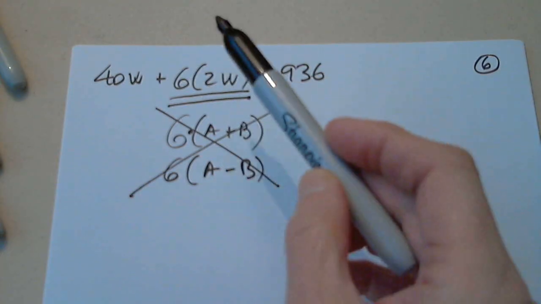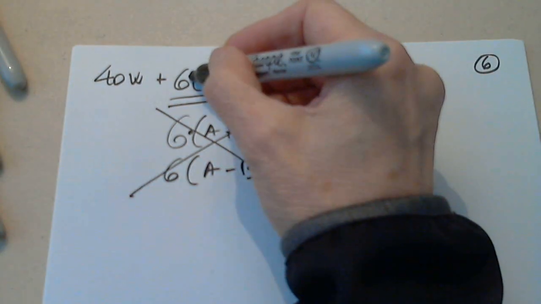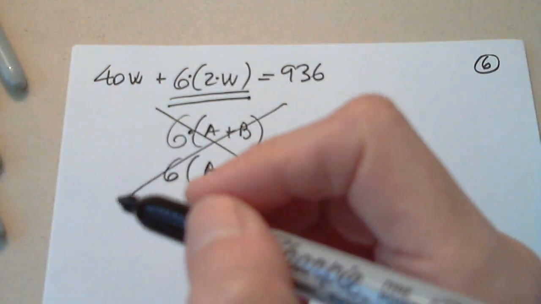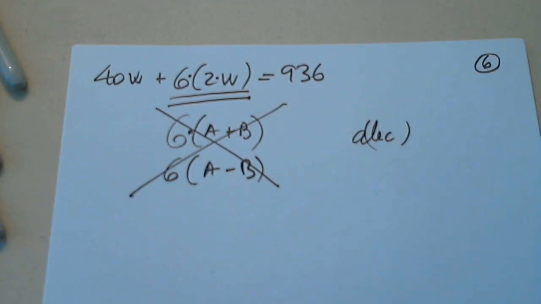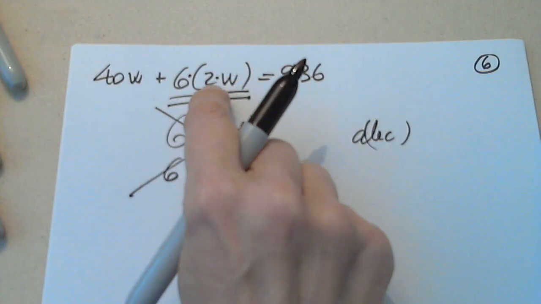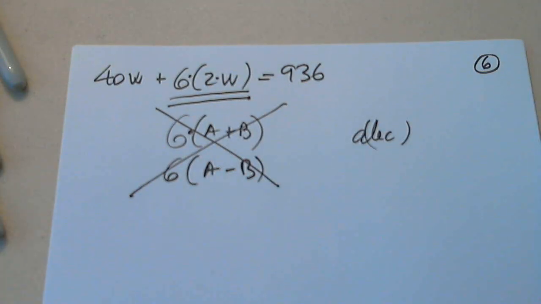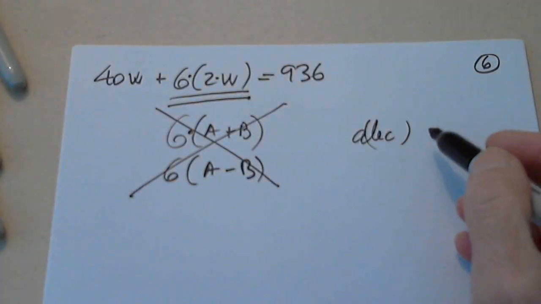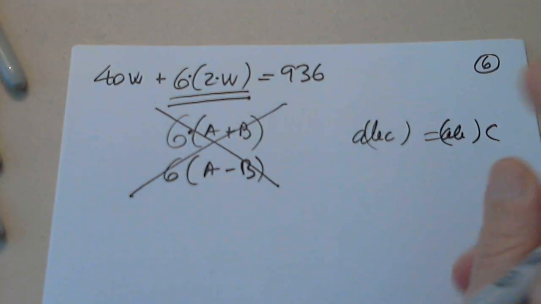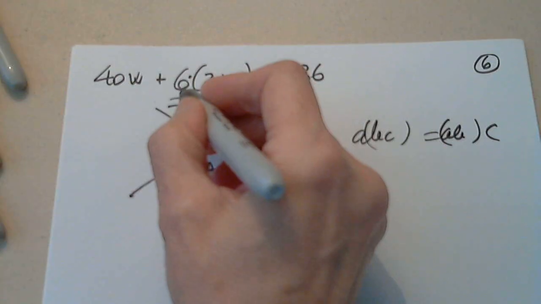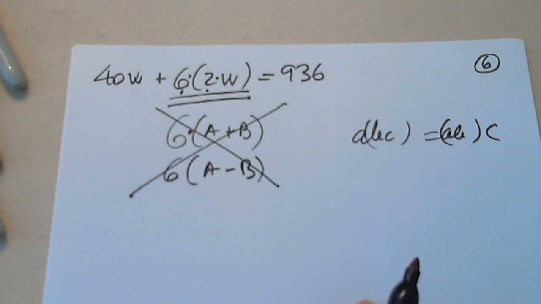This is the distributive law, which is not here. This is just the associative law, right? A, B, C. Associative law of multiplication. Because I cannot multiply 2 by W, it's just 2W. Now I have to use this, meaning I have to multiply the 6 and the 2.